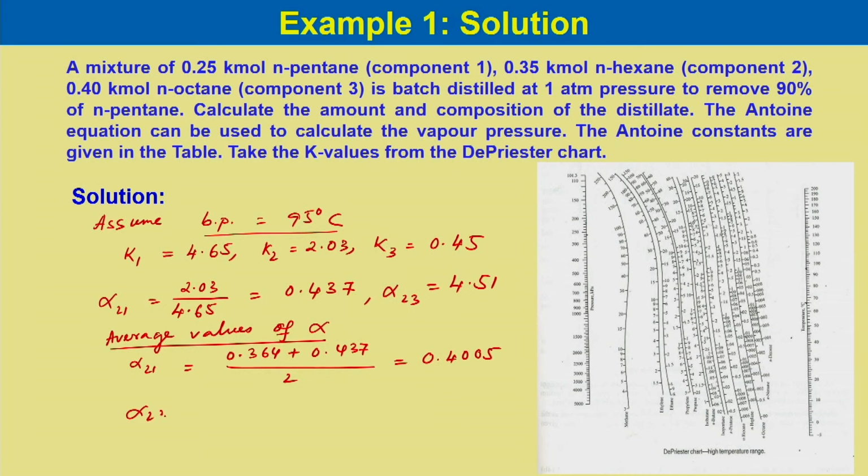Similarly, alpha 23 would be equal to 6.466 plus 4.51 divided by 2, which is equal to 5.488.